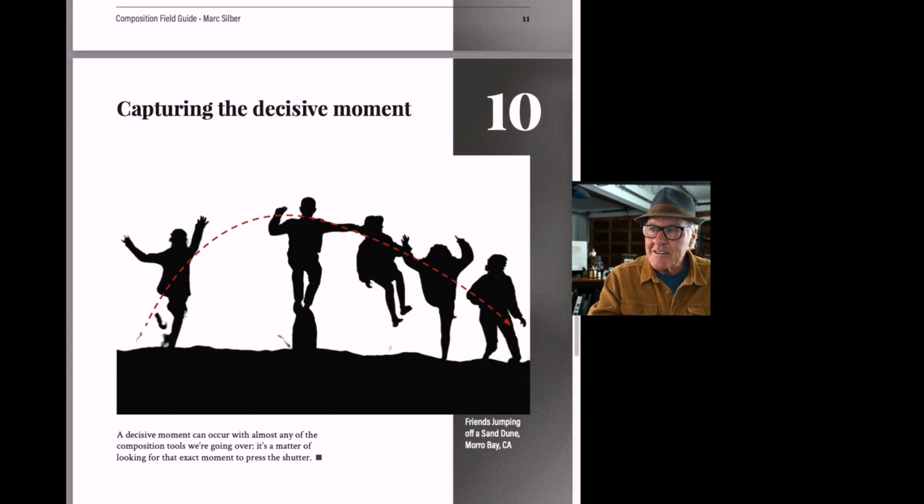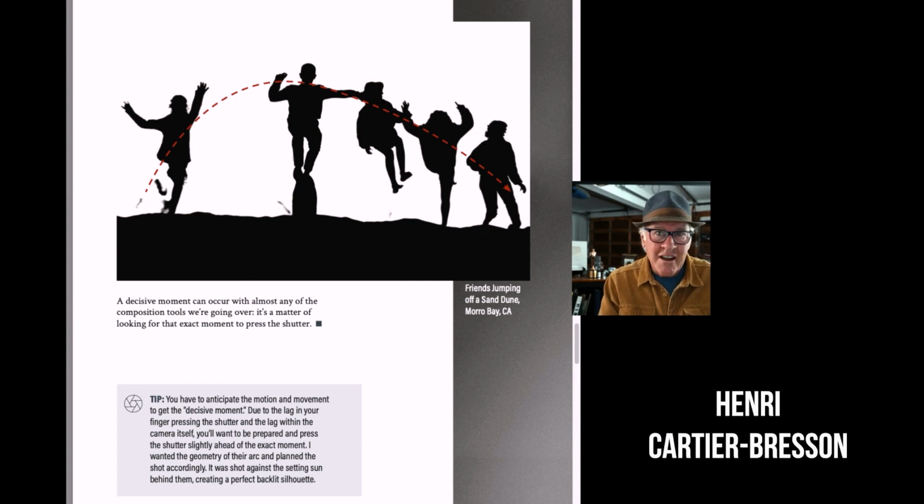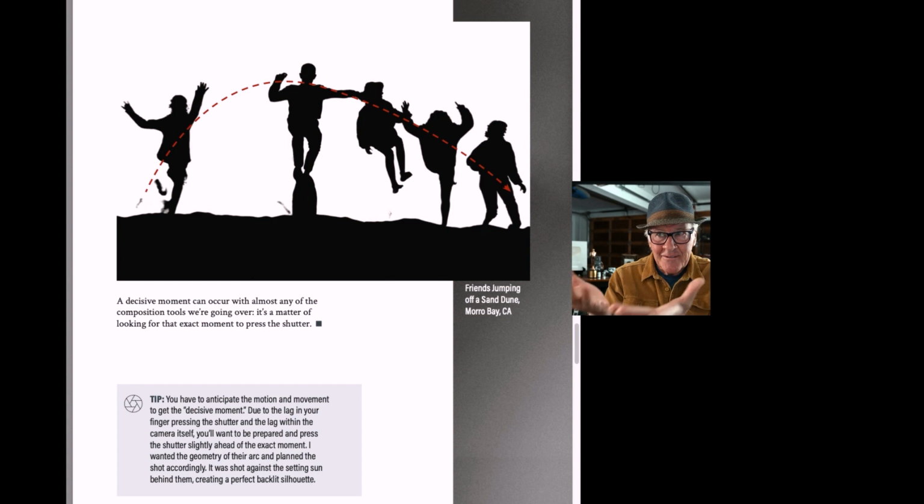Okay, capturing the decisive moment. That phrase, decisive moment, comes from the great photographer, Henri Cartier-Bresson. If you're not familiar with him, you should become familiar with him. Fantastic photographer, known as, really, he captured the decisive moment in his photographs. What does that mean?